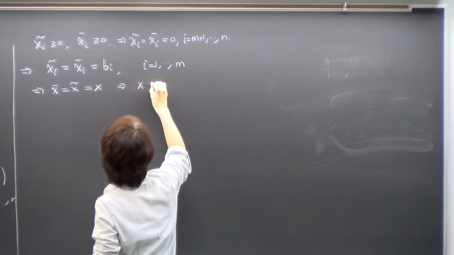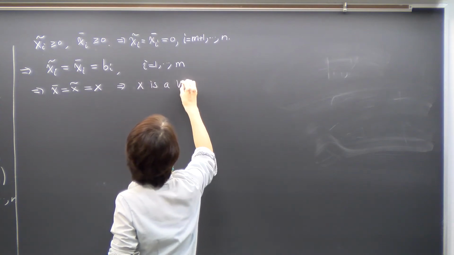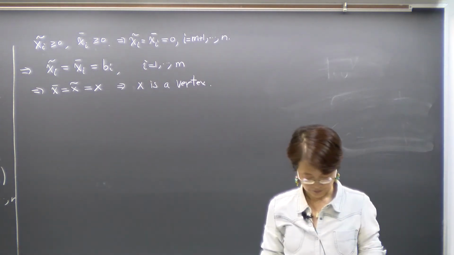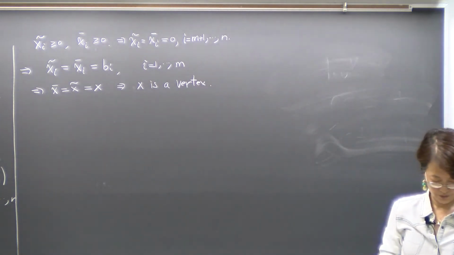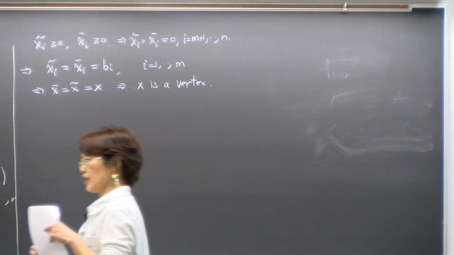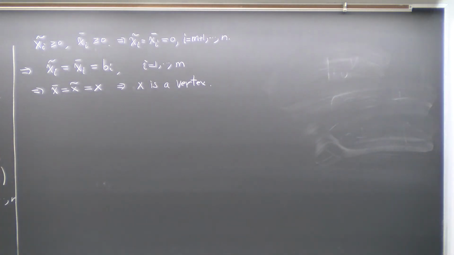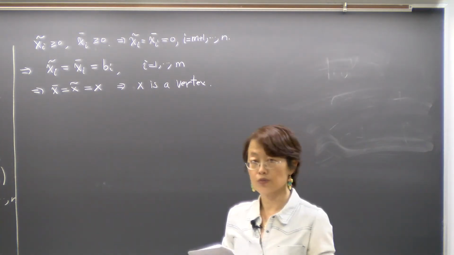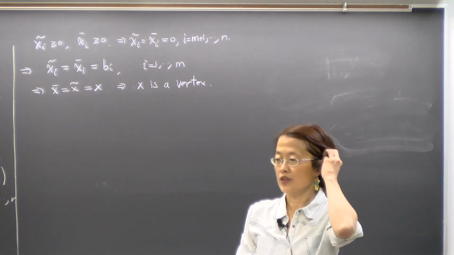So x is a vertex. Okay, so at least we proved that the basic feasible solutions that we have been using in the simplex algorithm are all vertex points of the convex region, of your feasible region.